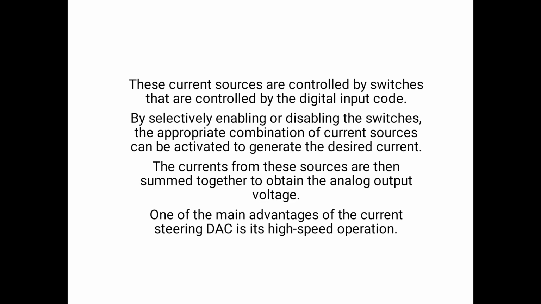By selectively enabling or disabling the switches, the appropriate combination of current sources can be activated to generate the desired current. The current from these sources is then summed together to obtain the analog output voltage.